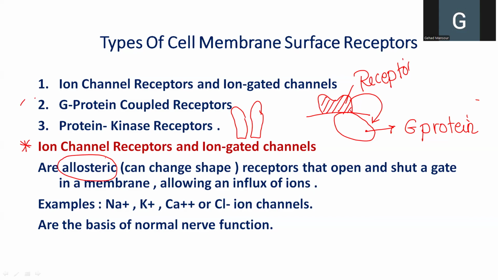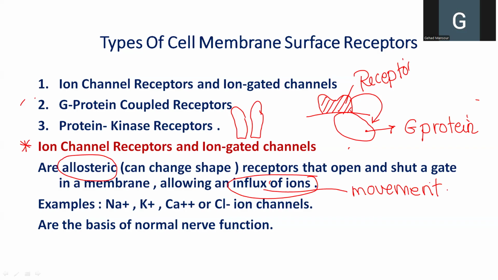When they change in shape, they either open or close a gate in a membrane, and therefore they might allow or prevent the movement of ions. So they open and close, they allow and prevent movement of ions, like what? Like the sodium ion channels, potassium ion channels, calcium ion channels, chloride ion channels.